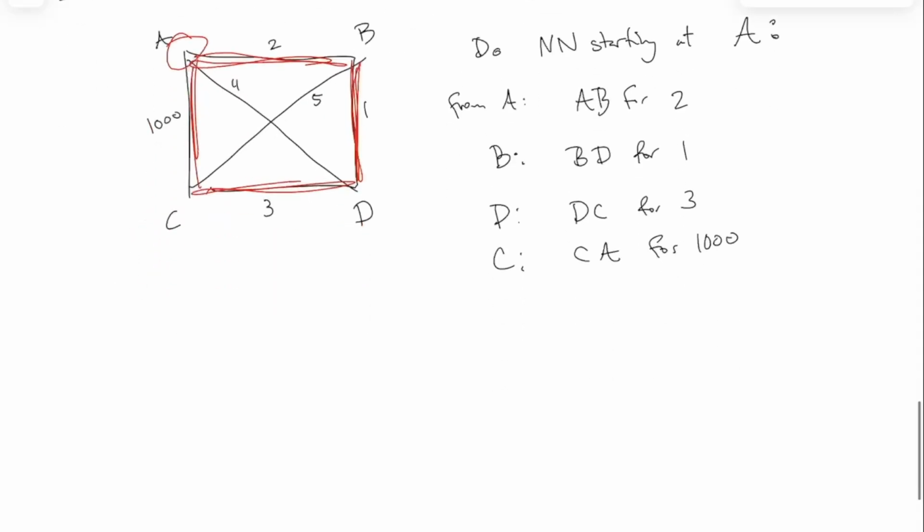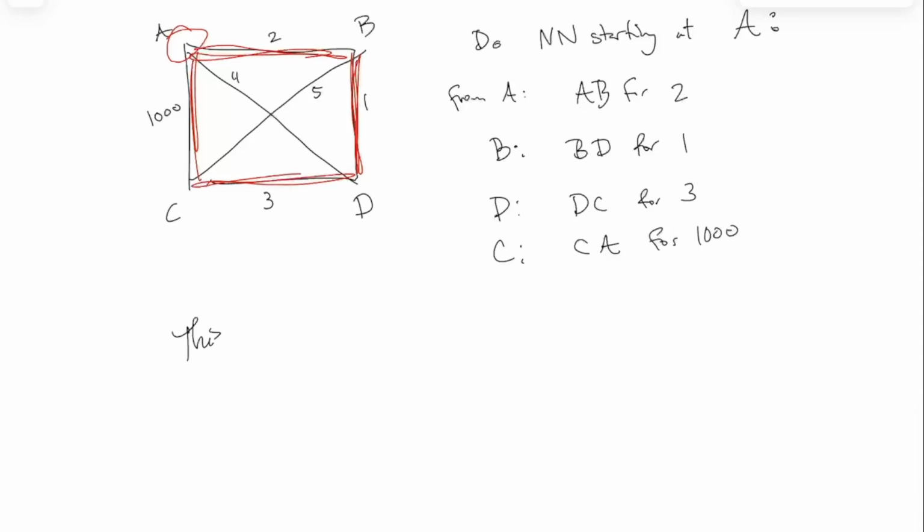So anyway, this time, the nearest neighbor gave a bad result, right? A, B, D, C, A in this example is not a good solution. It would have been better to go across those diagonals to avoid the heavy edge on the left side, all right?